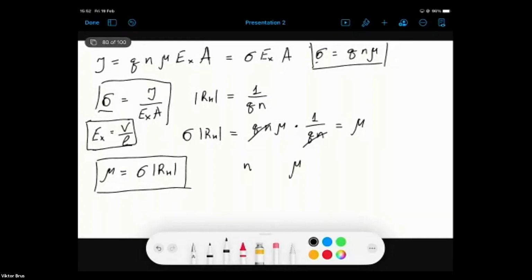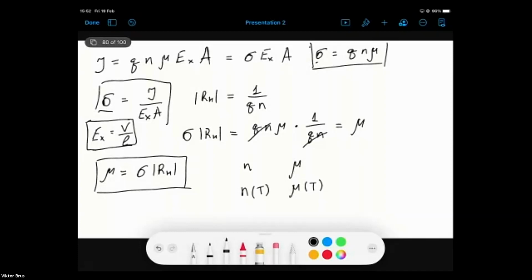We can also do temperature dependent measurements of Hall coefficient and current voltage characteristics. And then we will get these parameters as a function of temperature and learn even more about the properties of this conductor or semiconductor.